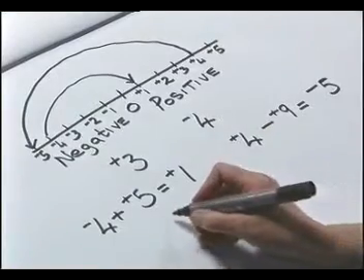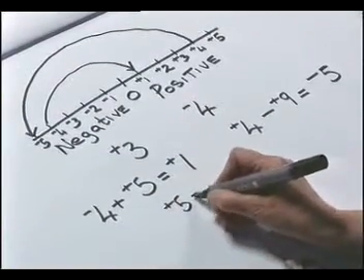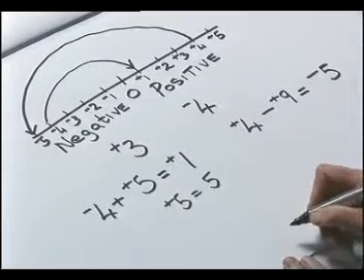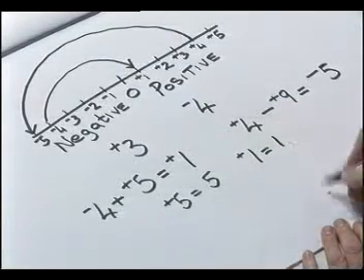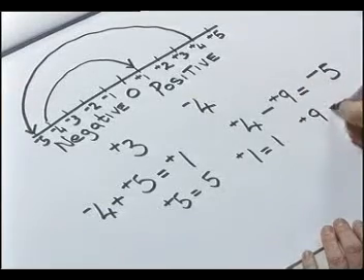Now, to simplify matters a little bit further, it really is a faff to keep writing all these signs. And because positive numbers are the numbers that we usually use in calculations, we drop them. We drop the sign. So positive 5 can be written as just 5, and we know that. Positive 1 is equal to 1, and positive 9 is 9.